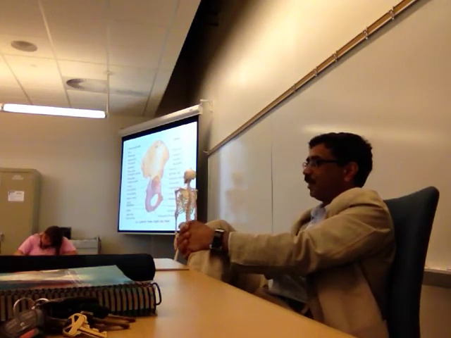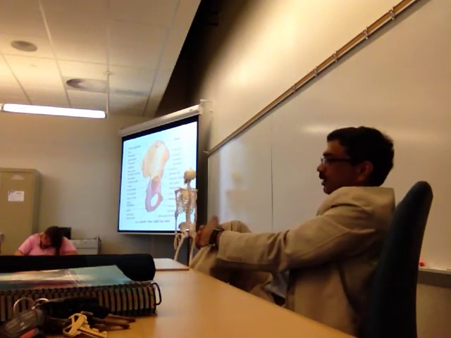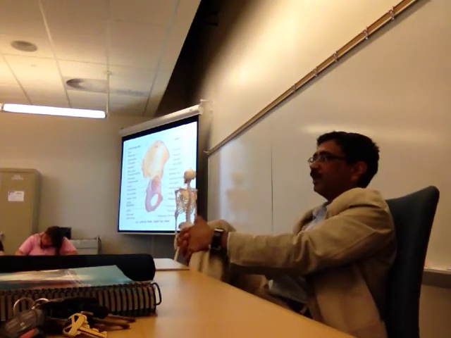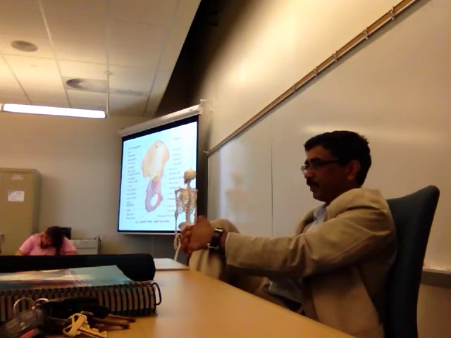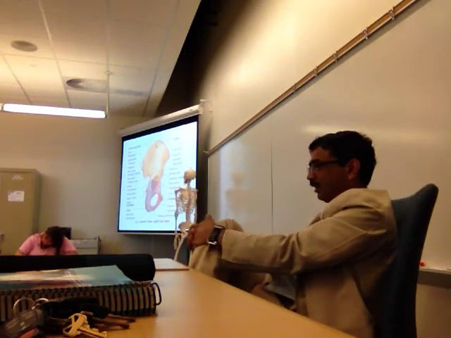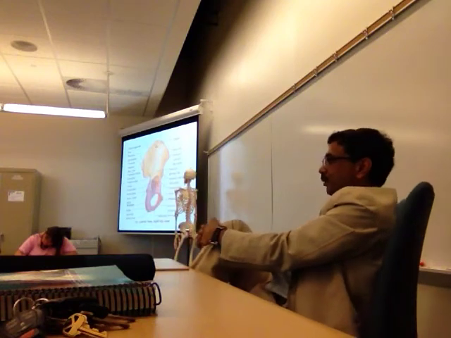Okay, so if I ask you what are the three parts, ilium, ischium, pubis, where they fuse together, where they meet together inside the acetabulum. The acetabulum is what? It's a deep socket that holds the head of the femur.